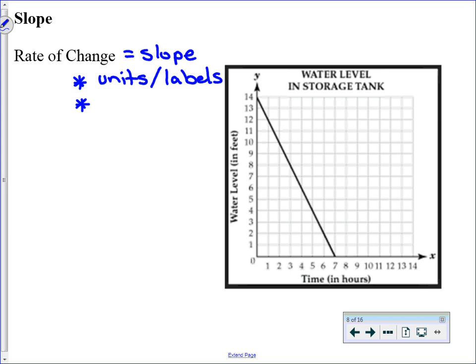Be sure when you have a rate of change question, if you see those words, you know you have to put a label or some type of units with it. And always be real careful of the scale that is on each graph. They may not always go up by 1. So just double check that. So always look these over when you are coming to a rate of change question.